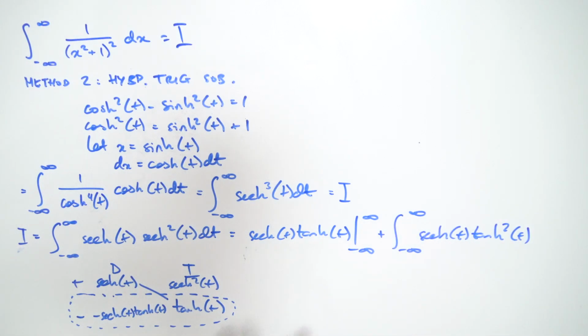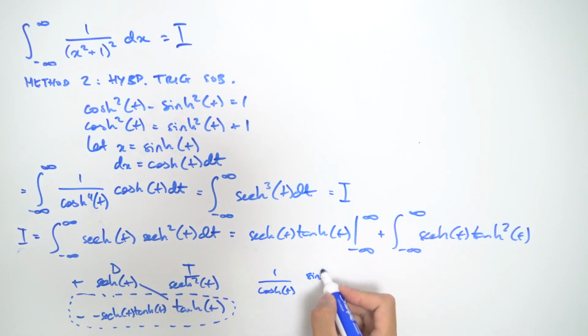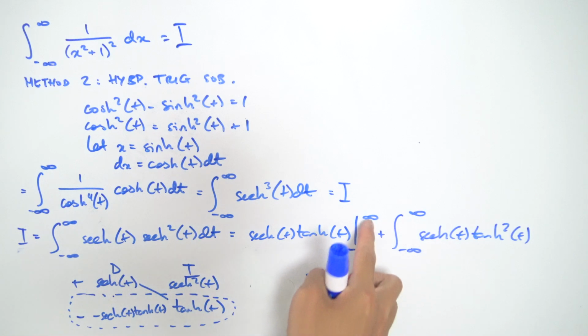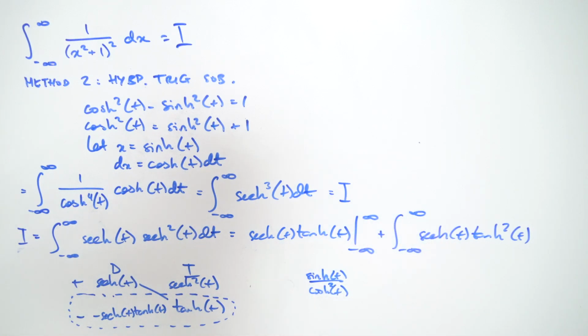Alright, and now we want to look at this part over here. We can evaluate this quite easily, because notice sec of t is 1 over cosh of t, and tan of t is sinh of t divided by cosh of t, and that's just exactly sinh over cosh squared. But I want you to notice one thing. We're evaluating this at the bound, so technically we're taking the limit as t approaches plus or minus infinity.